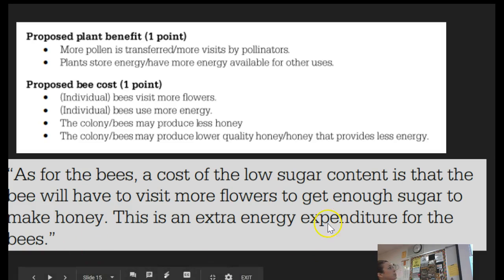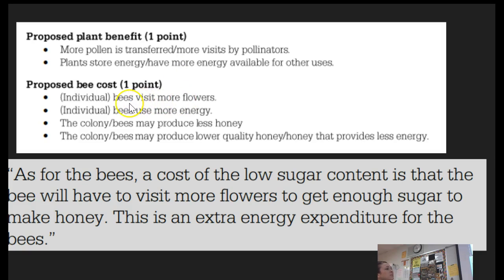So the benefit to the plant would be either one of these two different things. Bees are going to need to visit them more often. So they're going to have more of their pollen transferred by those pollinators, by those bees. Another benefit would be that they're going to have more energy available to themselves that they're not putting into the nectar. So either one of those would have been fine for the plant.